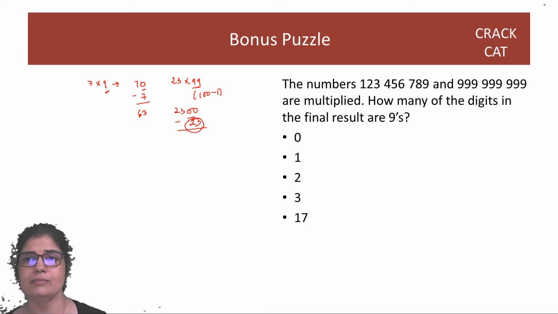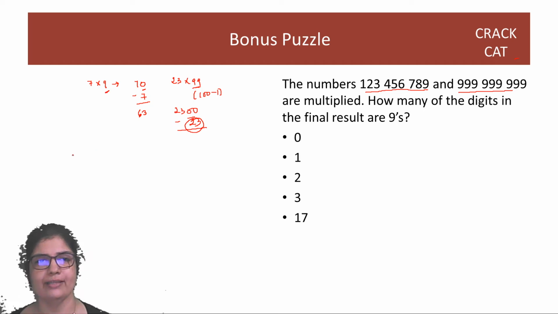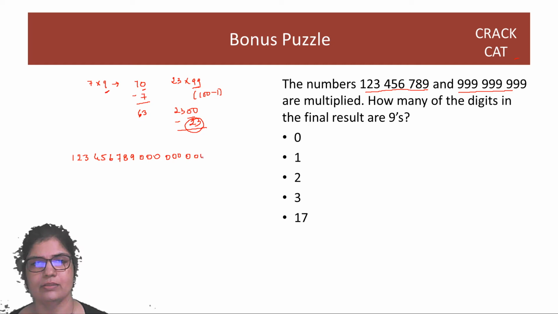So if I'm multiplying these two numbers, which is 1, 2, 3, 4, 5, 6, 7, 8, 9, with 9 nines, then the way to go about it would be to write the number followed by those many zeros, correct? So how many nines are there? There are 9 nines, so I'll write down 9 zeros. 1, 2, 3, another 3, and another 3. And from this, I'll subtract the original number.